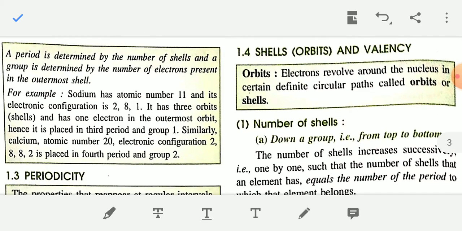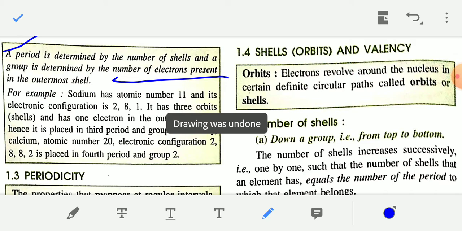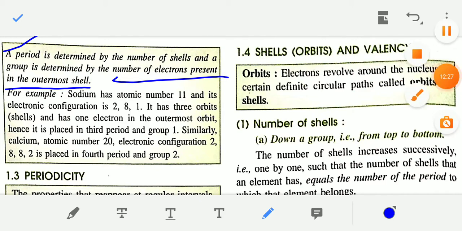I have already told that a period is determined by the number of cells, and a group is determined by the number of electrons present in the outermost cell.